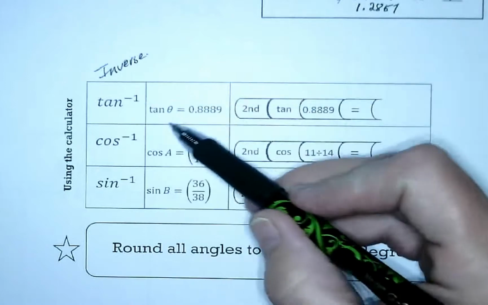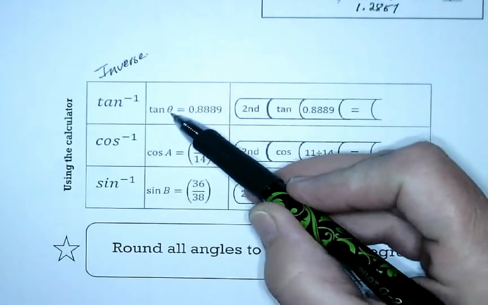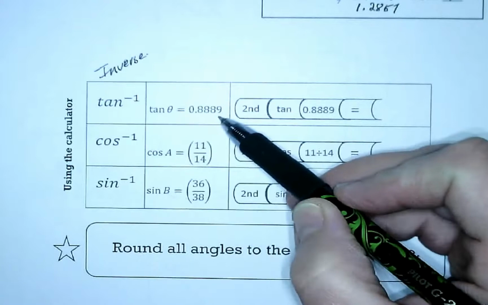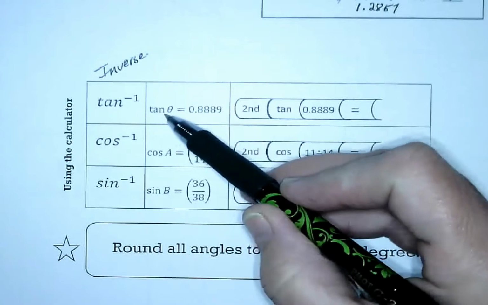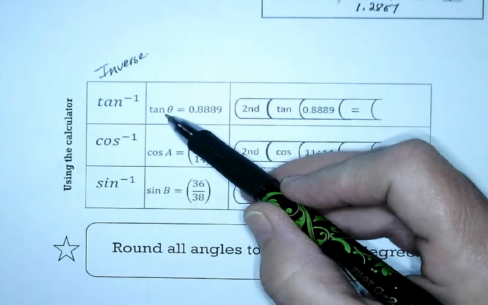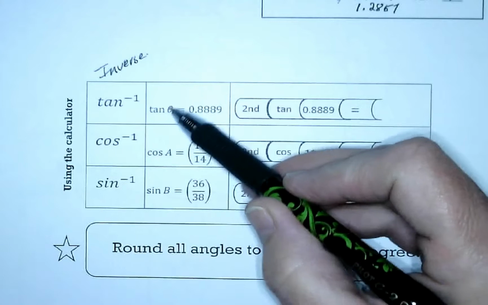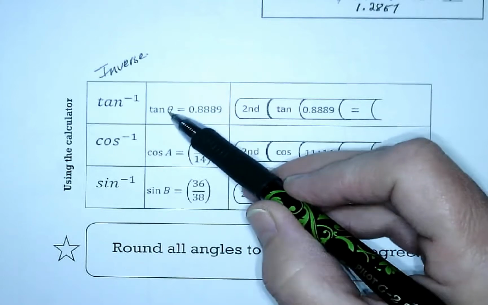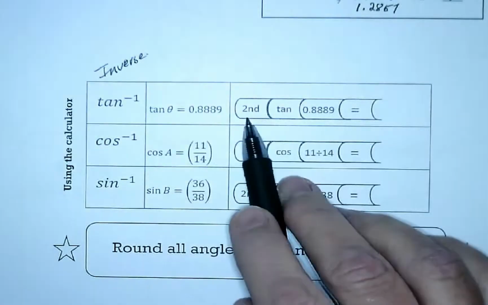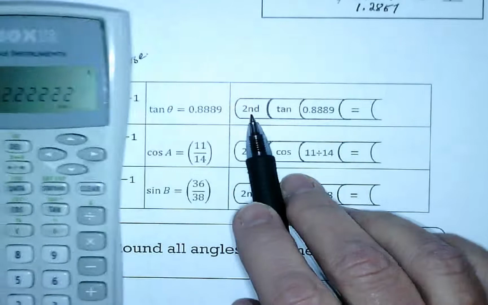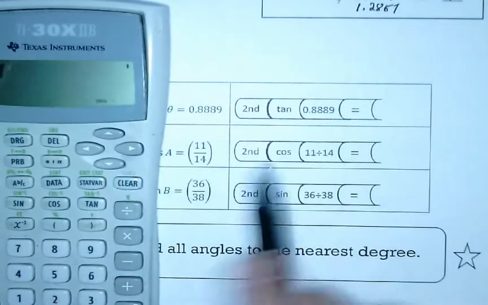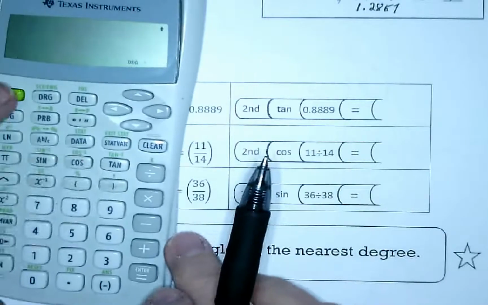If I have a setup like this, where it's tan of some angle equals this decimal, I'm not going to put tan in because I don't want the tan. I want the angle. So I'm going to use inverse tan. Here are the buttons that I push on my calculator. I'm going to push second and then tan.